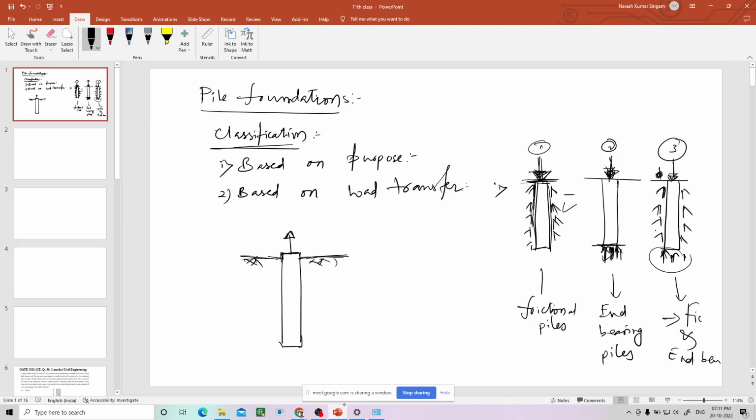Now if the load itself is in the upward direction, you are applying tensile load on the pile. Then what resistance can develop in this pile, and from where? Is it friction or end bearing or both? Why not end bearing?